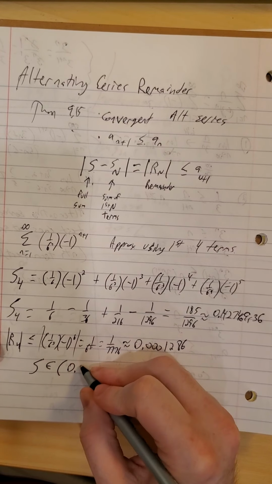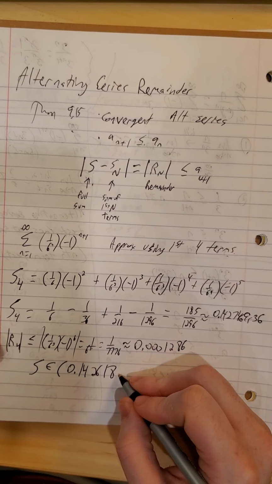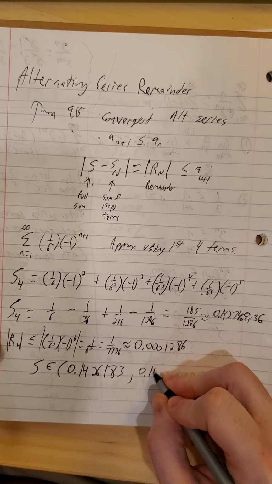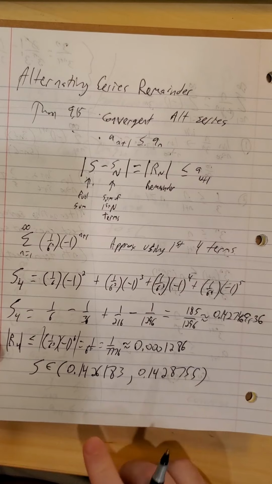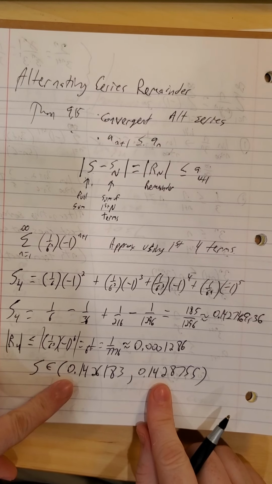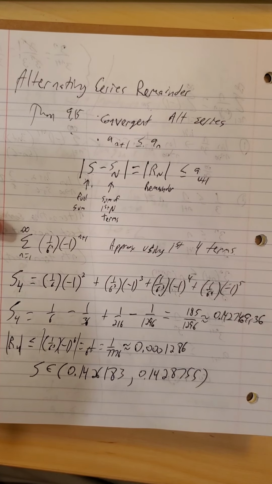So we're between 0.142618, that looks like, and 0.1428755. So our true infinite sum is somewhere between those two. So we have a pretty good estimate, really just based on even our first 4 terms. These are in pretty tight.